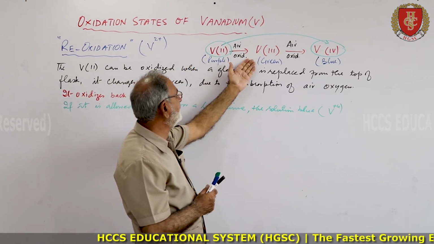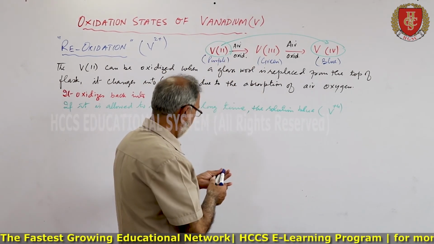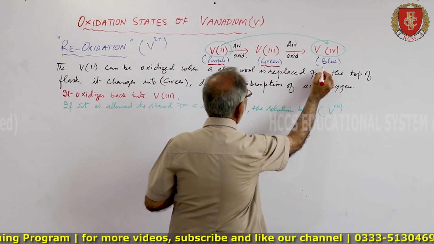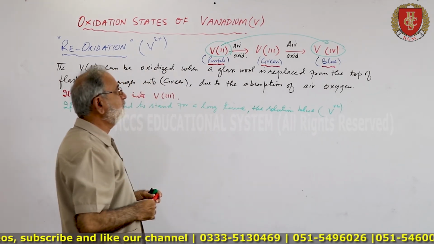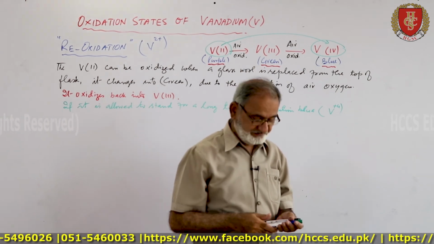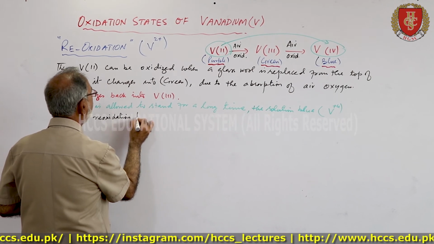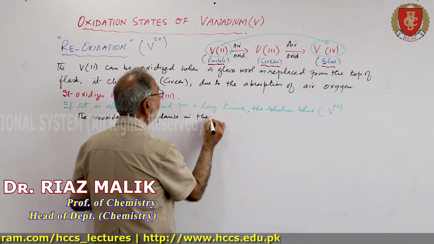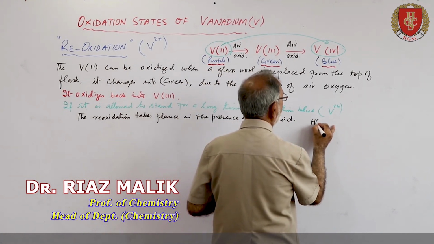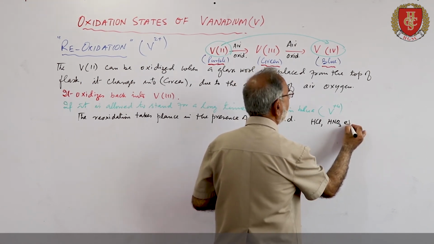First it oxidizes into oxidation state 3, and this change in color can be observed: the purple changes to green and finally into blue. If the zinc is not present, the re-oxidation takes place. In the presence of zinc and acid, you can use HCl, you can use nitric acid, etc.